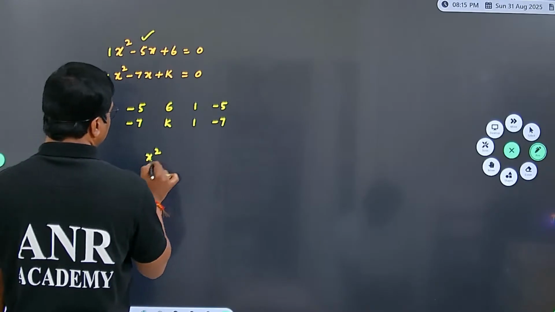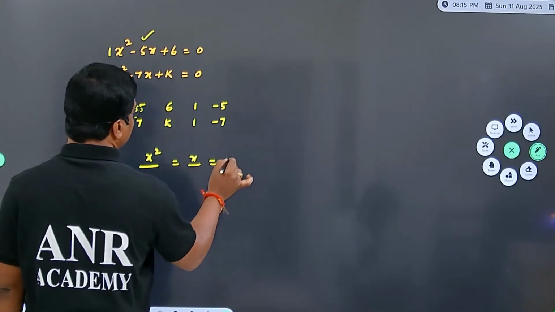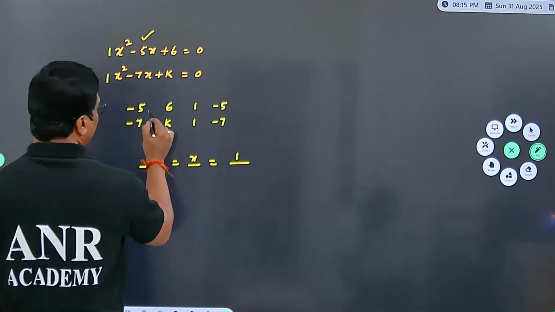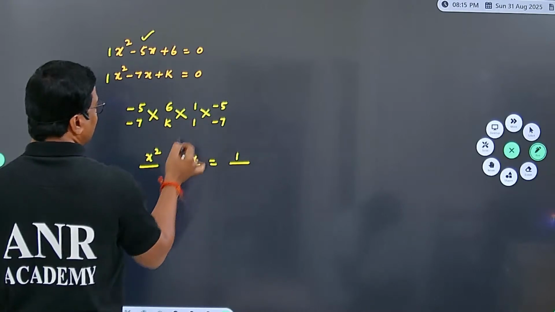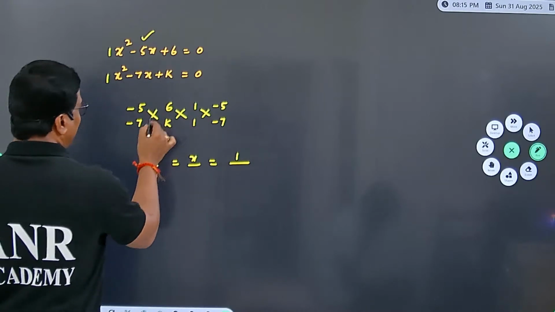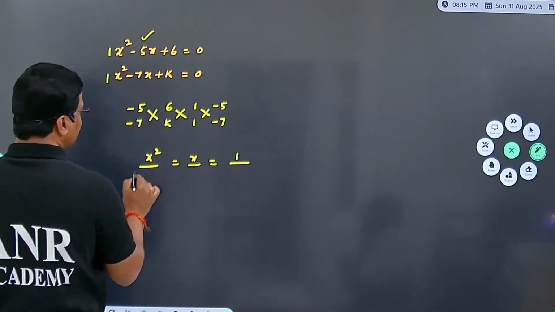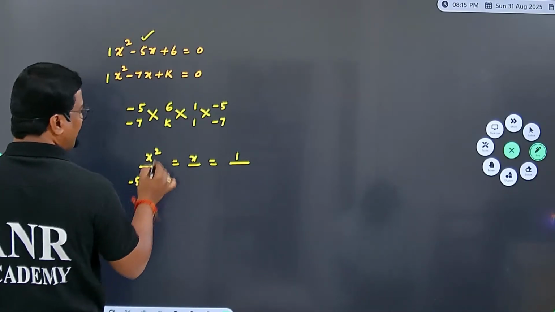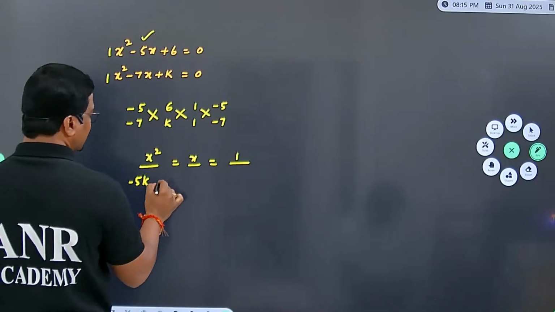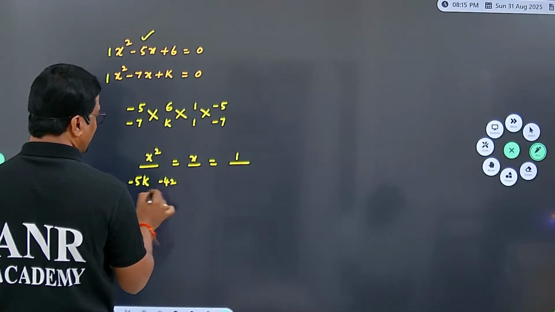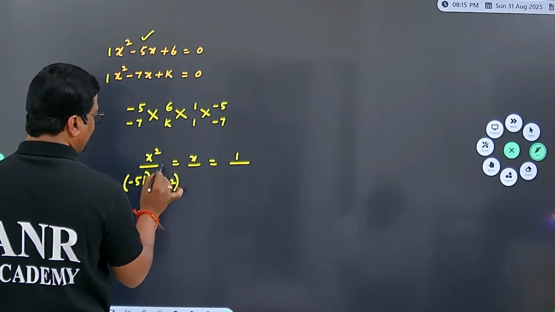Cross multiply this and find the determinant, AD minus BC formula. Product of these two, minus 5k. Product of these two, minus 42. In between them put a minus sign.